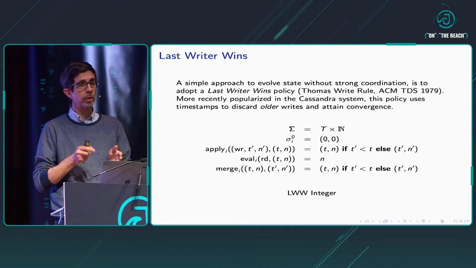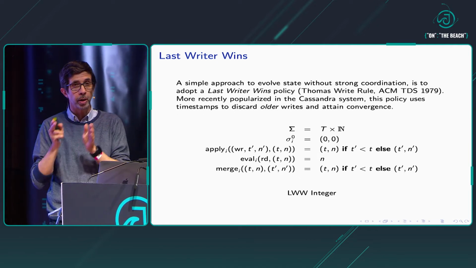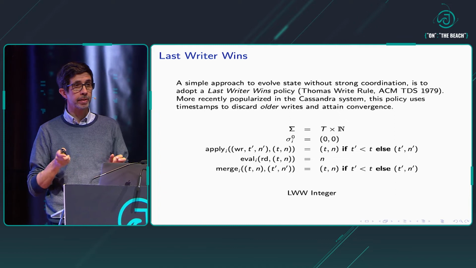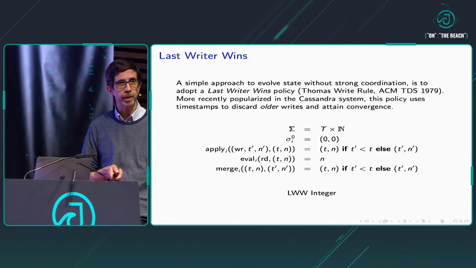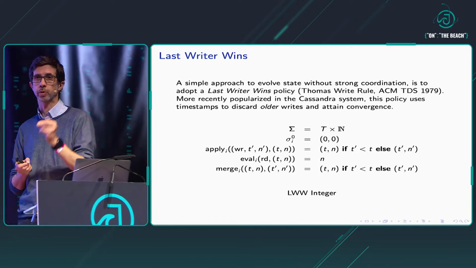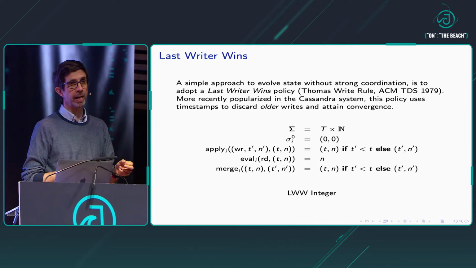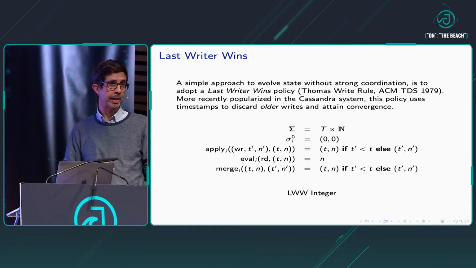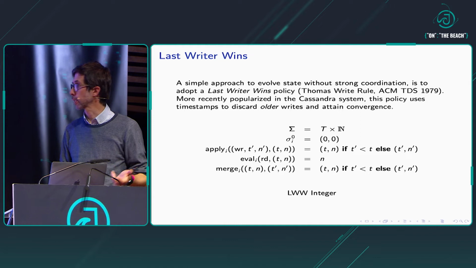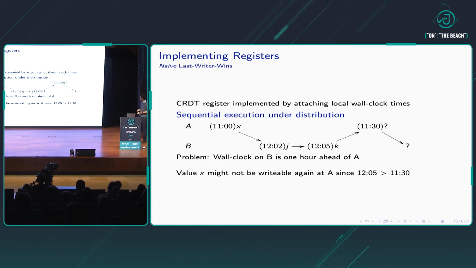And then you are only going to retain on the merge the value that is assigned the highest timestamp. But the problem is that for this thing to work, you need perfect clock synchronization. Otherwise, you get problems and you might get loss of availability or you might lose writes if the clocks are out of sync.